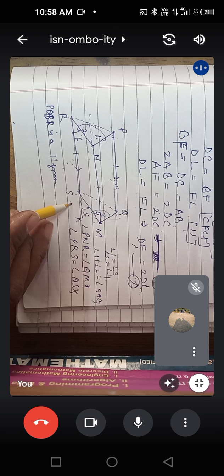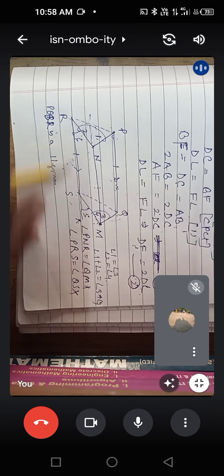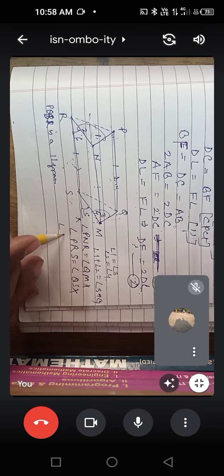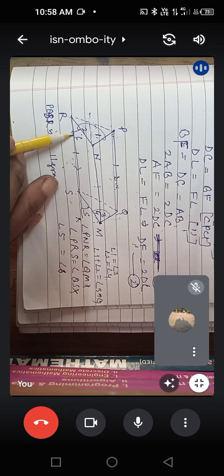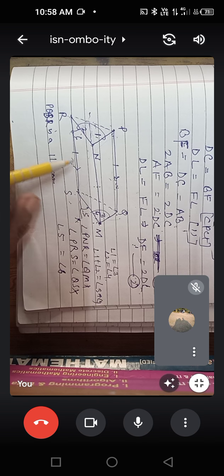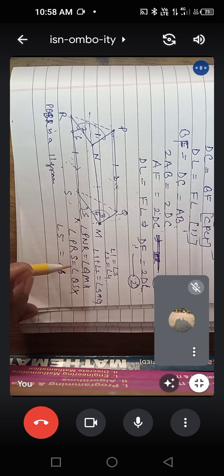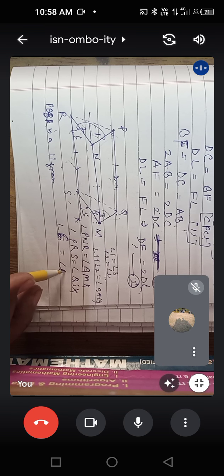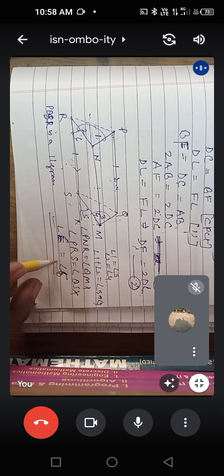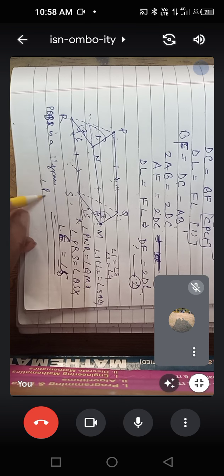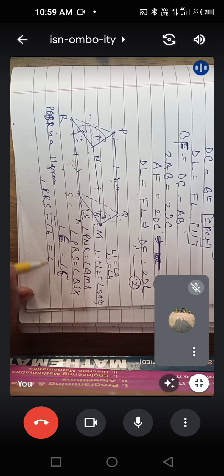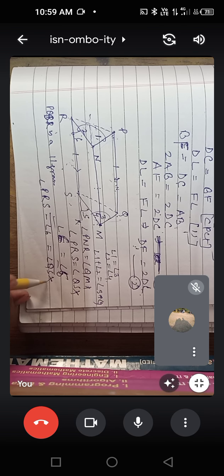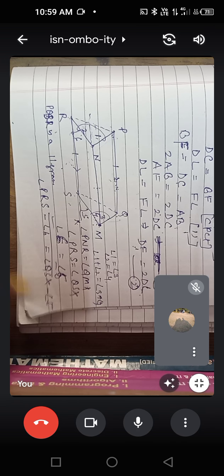Now you see this angle and this angle are also equal. 5 is equal to 6, these are corresponding angles. So from this angle PRS, if you subtract angle 6, it is equal to angle QSX minus angle 5. This point is okay?